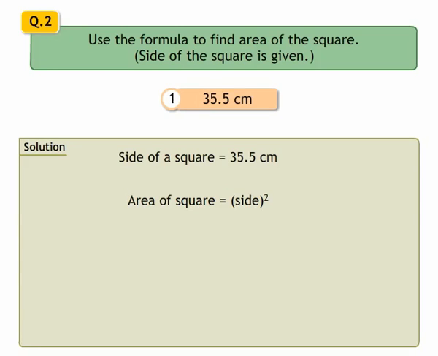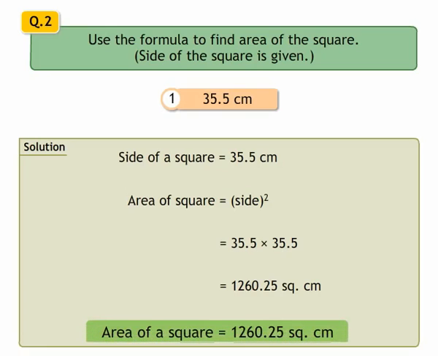Substituting the values, we get 35.5 into 35.5, which is equal to 1260.25 square centimeters. Therefore, area of a square is equal to 1260.25 square centimeters.